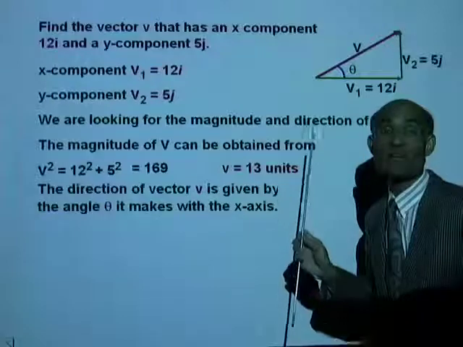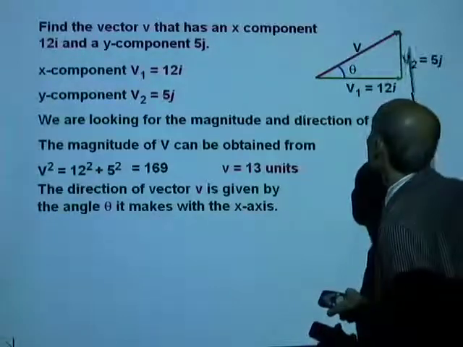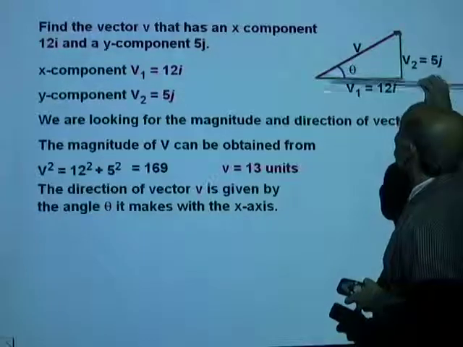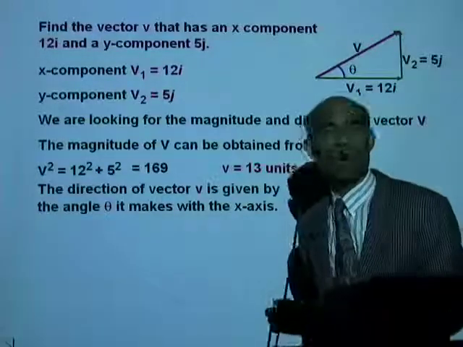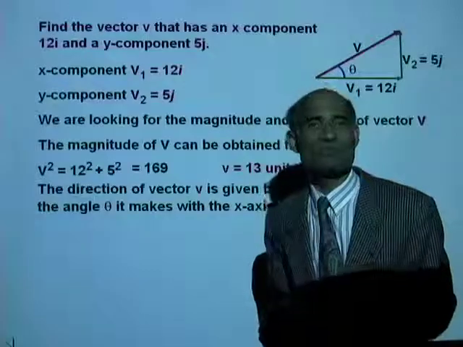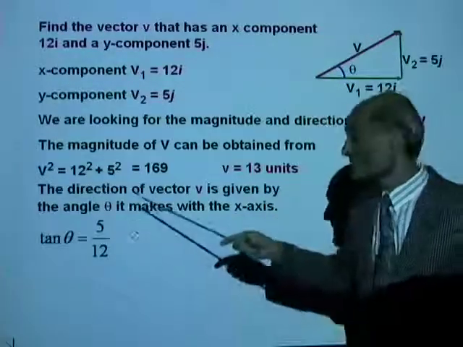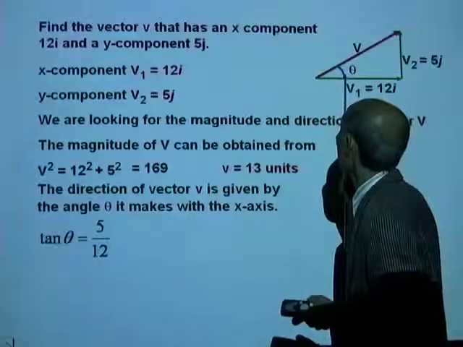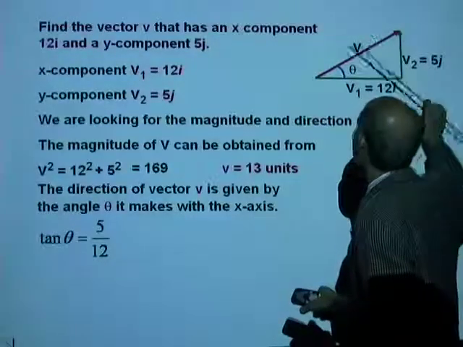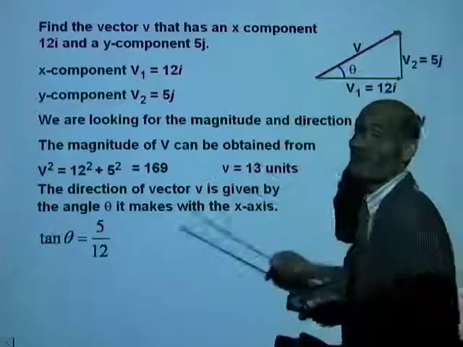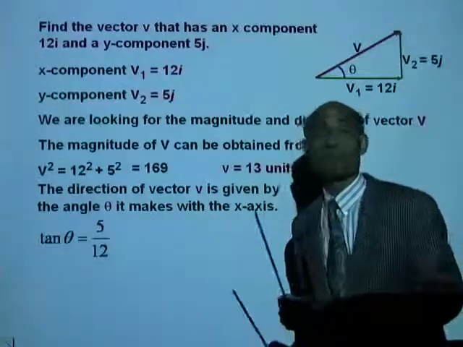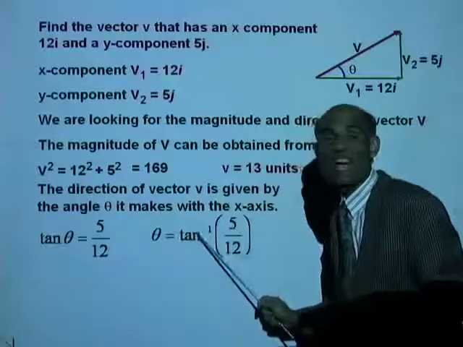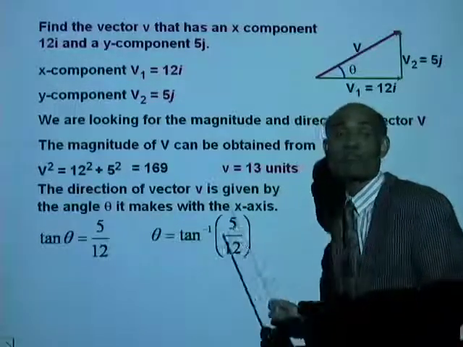The simplest way to find that angle is to take the ratio of the opposite side to the adjacent side. What is that ratio called? Opposite side divided by the adjacent side. It's called tan theta. Tangent of this angle is opposite side divided by the adjacent side. That is 5 divided by 12. And therefore, theta is tan inverse of 5 over 12.